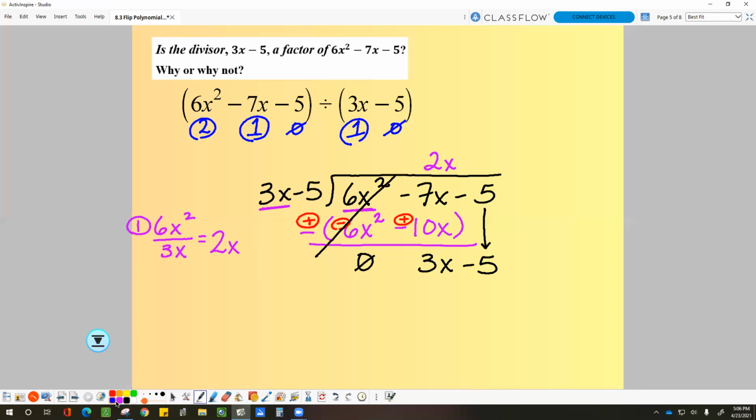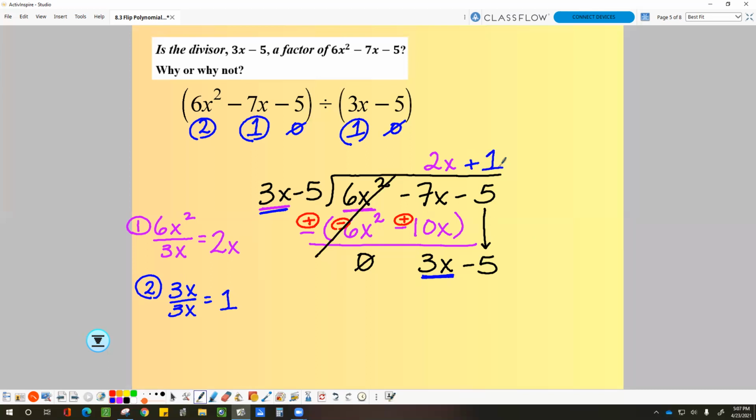I'll divide the very left part of the dividend by the left part of the divisor. So my second division is 3x divided by 3x. That's 1. So I put plus 1 up here in the quotient.